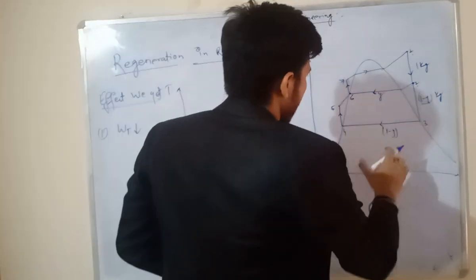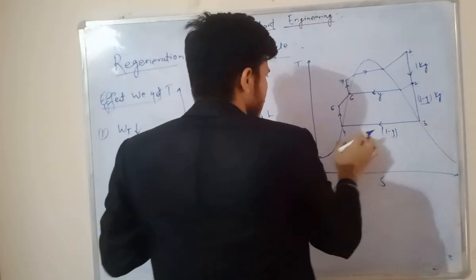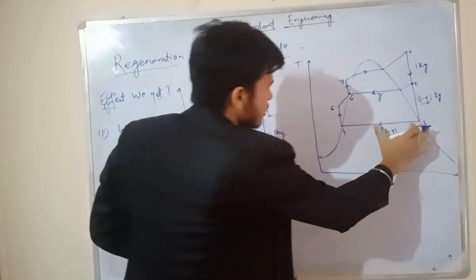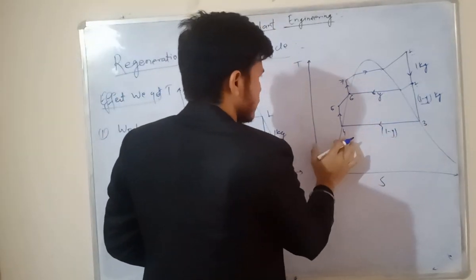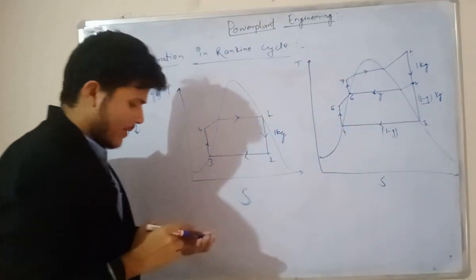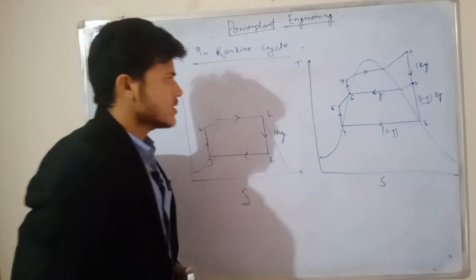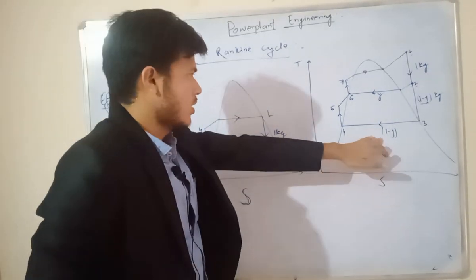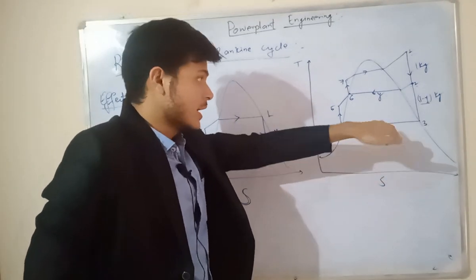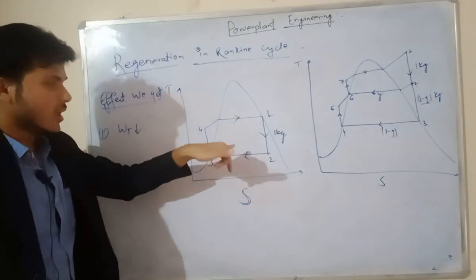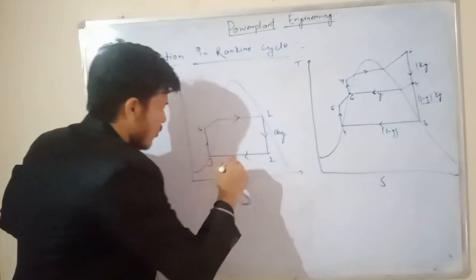Now come to the point 3 to 4. Here 2 to 3, this is 3 to 4. What will happen in this case? We are doing the condensation of 1 minus y kg only, which is less than 1 kg. But in the simple Rankine cycle, we are doing the condensation of the full mass, 1 kg of steam.